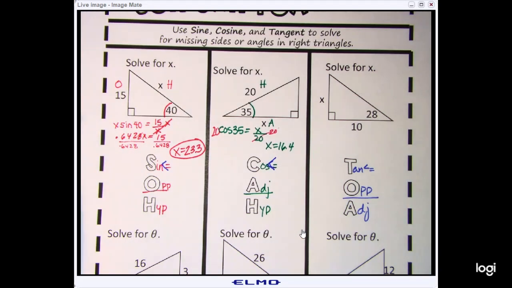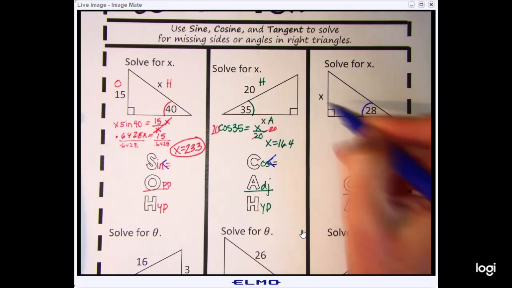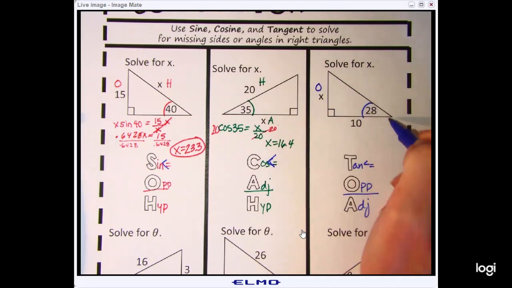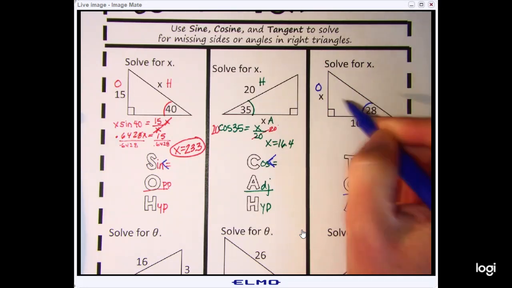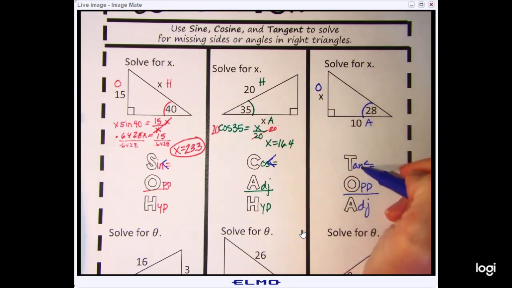Here is our angle. There's the hypotenuse, but it's not one of the sides we know. Let's figure out what these other two are. X is across from, so it's opposite, and 10 is next to, so it's adjacent. SOH CAH TOA. TOA has the O and the A, so tangent.